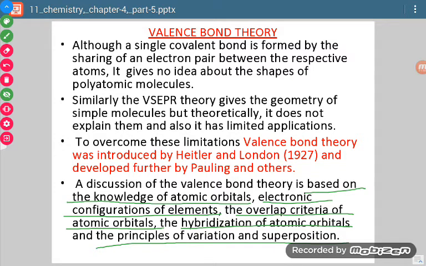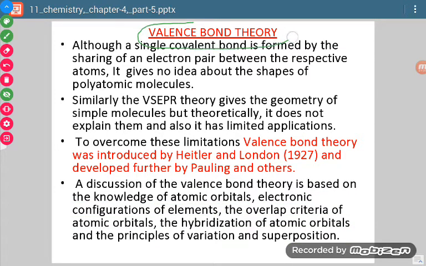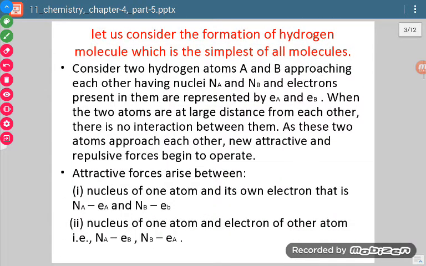Basically, what is to be remembered is that in valence bond theory we talk about attractive and repulsive forces, on the basis of which we see whether a particular molecule exists or does not exist.